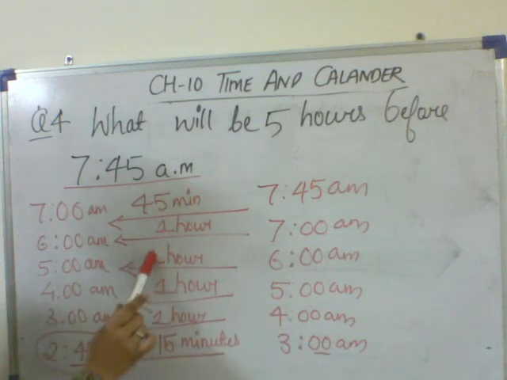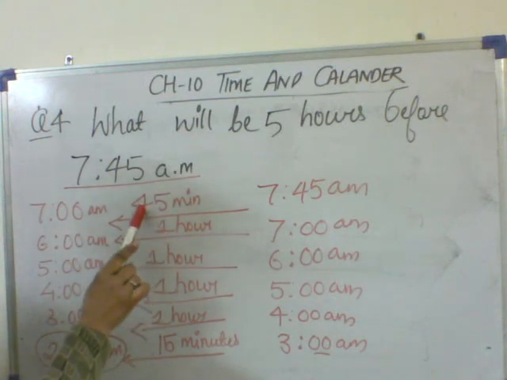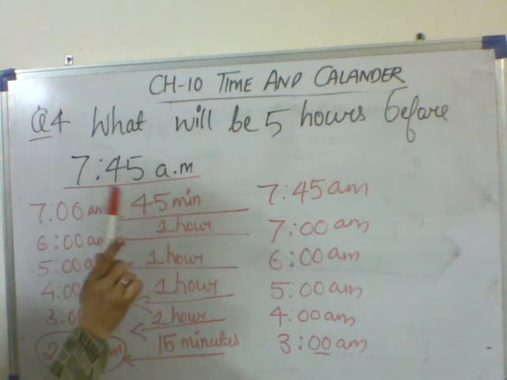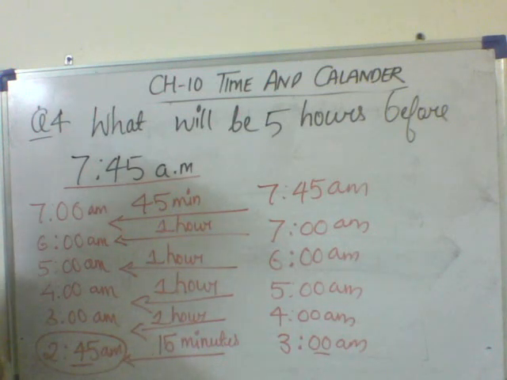Now 1, 2, 3, 4. 4 hours is done and 45 minutes. How many are left? 15 minutes to complete 5 hours. So 15 minutes, 3, and here I will be writing 2:45. So here the difference is 15 minutes. So the timing will be 2:45 a.m.